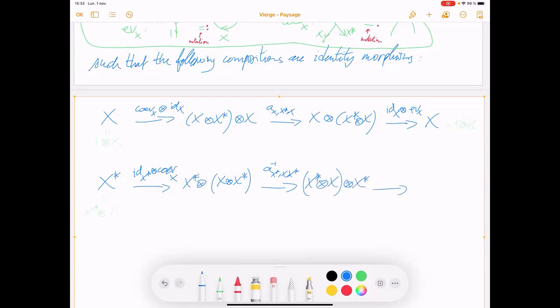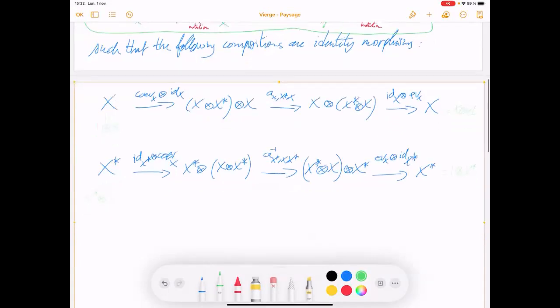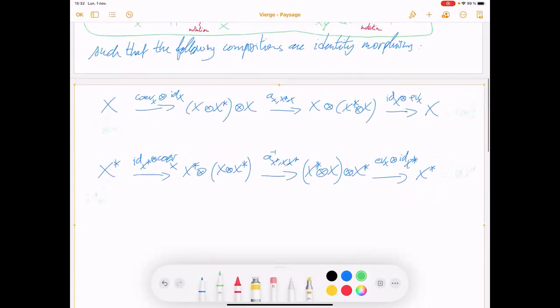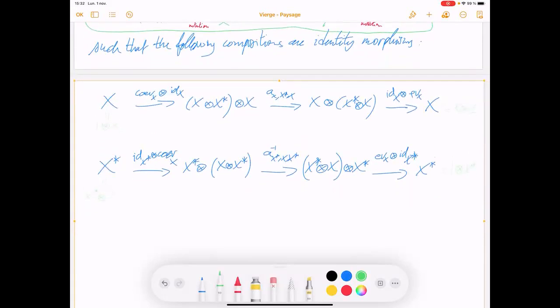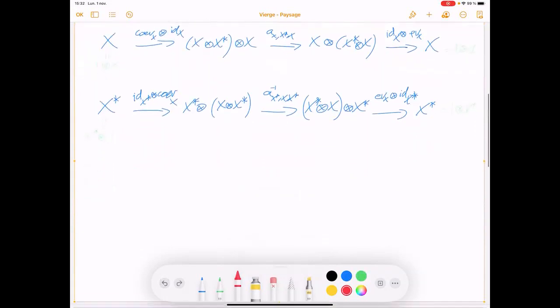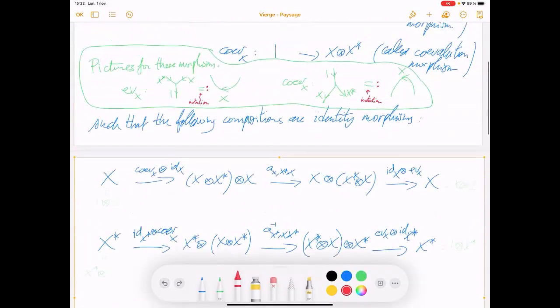And finally, evaluation tensor identity of X star, and you get X star, so 1 tensor X star. So the following two compositions are identity morphisms. By definition of what is a co-evaluation and evaluation map.